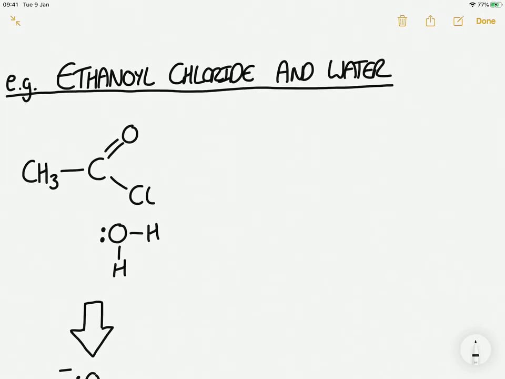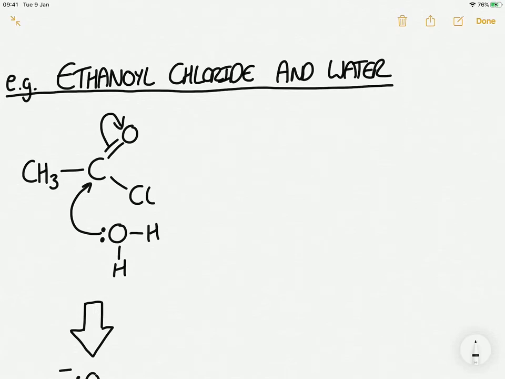So here's ethanoyl chloride and water. This time I'm going to say to you, pause the video, copy the structures, do the first two curly arrows, because there's absolutely no reason now that you can't do those. So once you've had a go at those, which you should have done, we have those movements, okay?